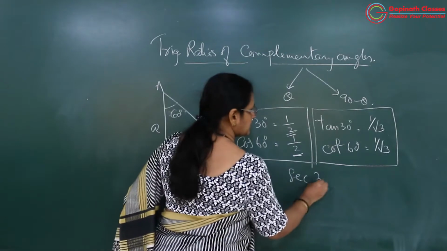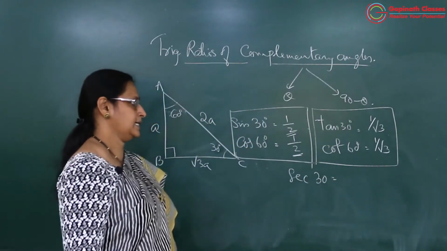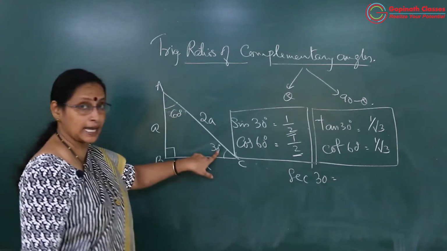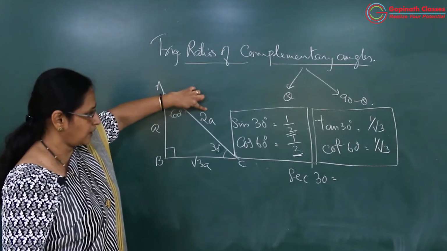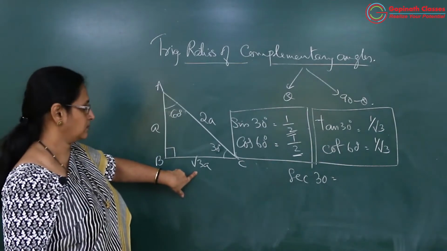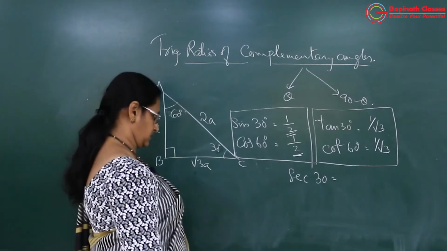Another one, sec. What is sec 30 degrees? Hypotenuse upon adjacent side, 2 upon root 3. Sec is the reciprocal of cos.